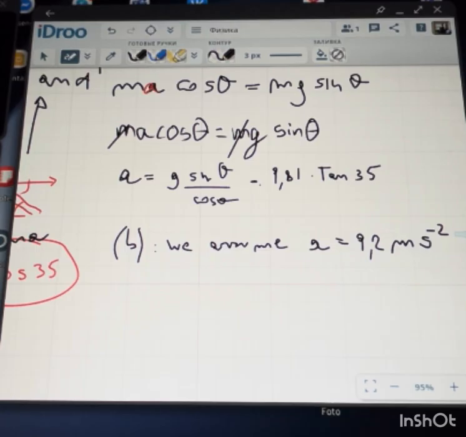And does the friction point up or down? Up, because it's pointing this direction. We don't know.